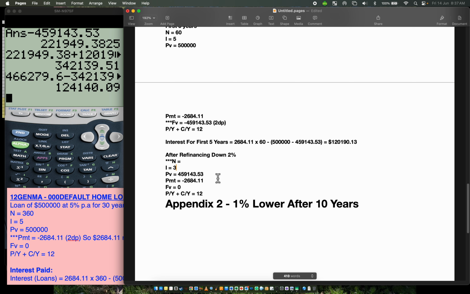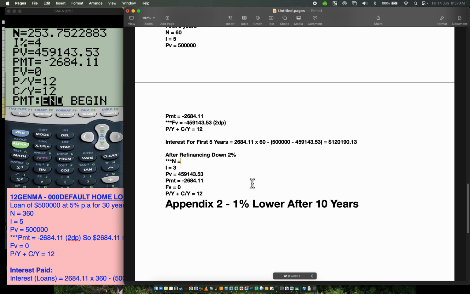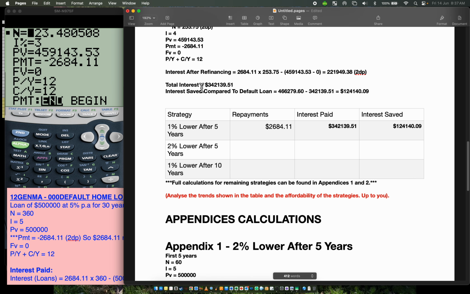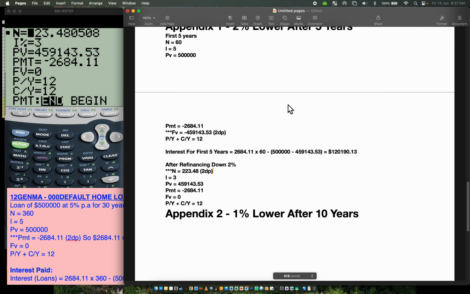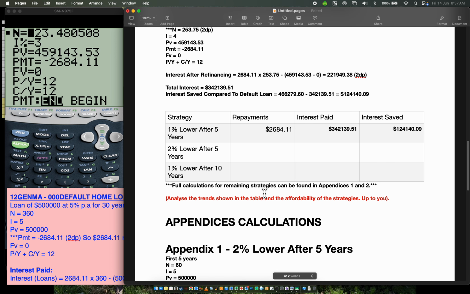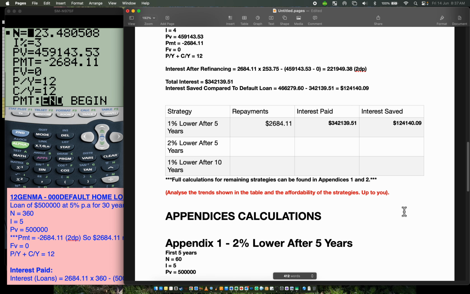That's going to be 3. Everything else remained the same. Use TVM solver. It's already in there. 223.48 to 2 decimal points. So literally I just need to work out the interest after refinancing, and then the total interest, and then the interest saved, so I can chuck it into the table. Okay? So it's not as painful as you probably think it's going to be.